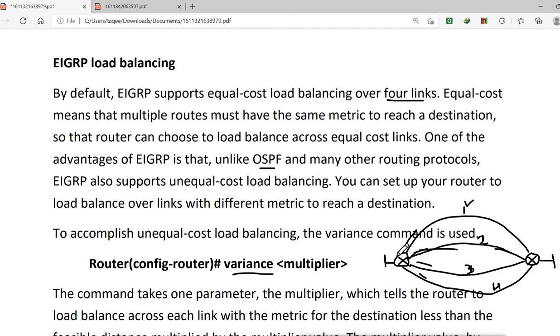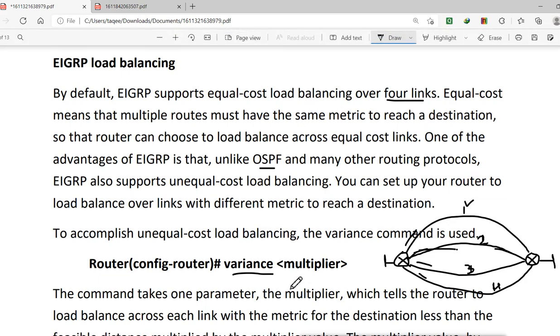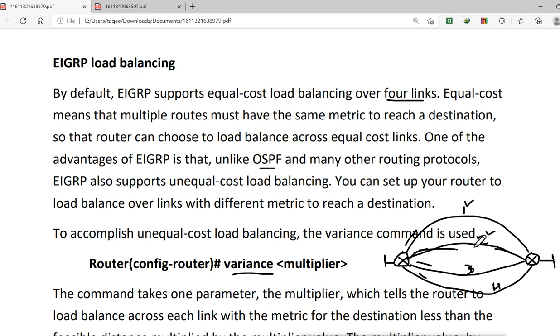But in EIGRP, if we want to do the load balancing, then we can do what? We can support the unequal paths. Like for example, this 1 and 2 are not equal, but we can use these 2 paths also by using this variance command.